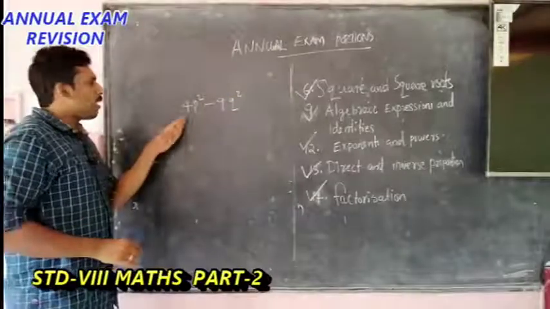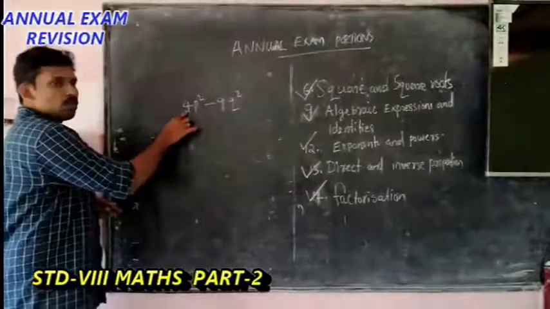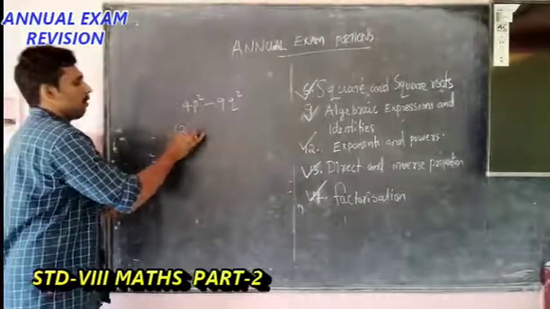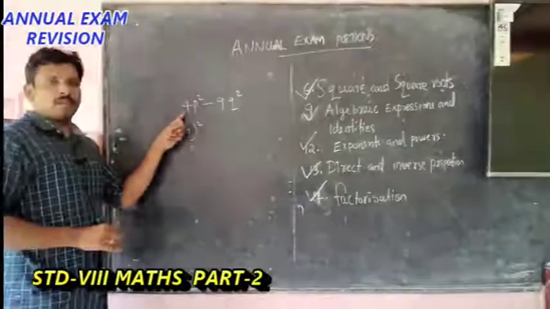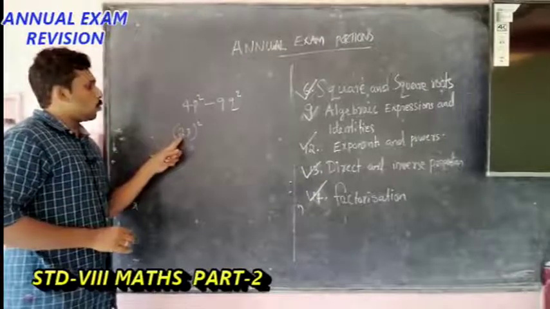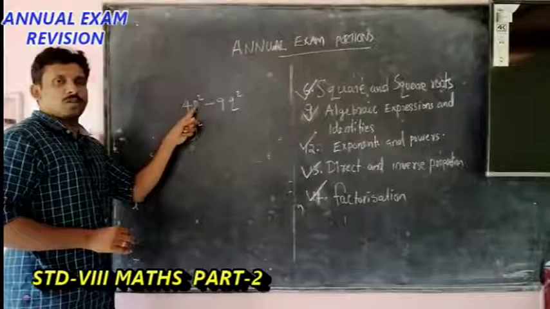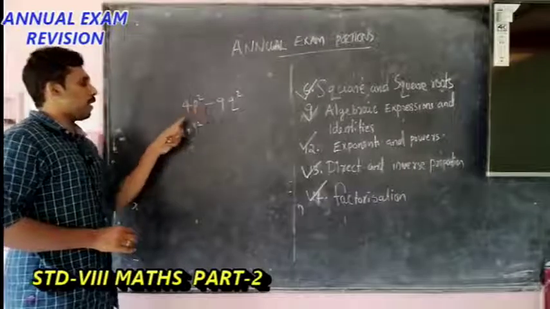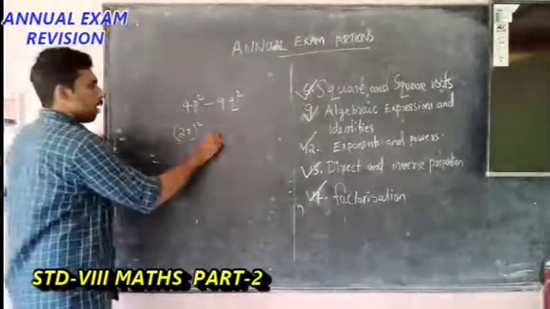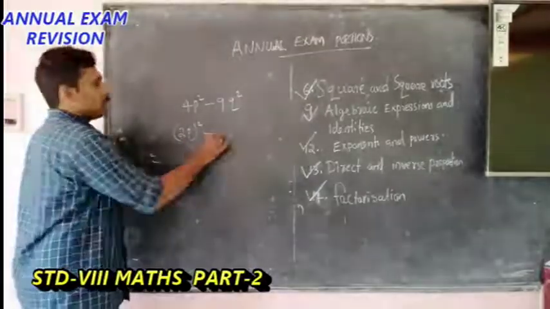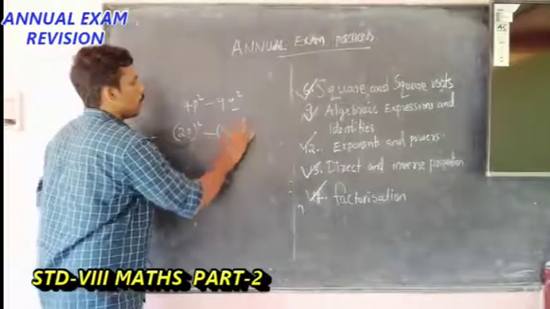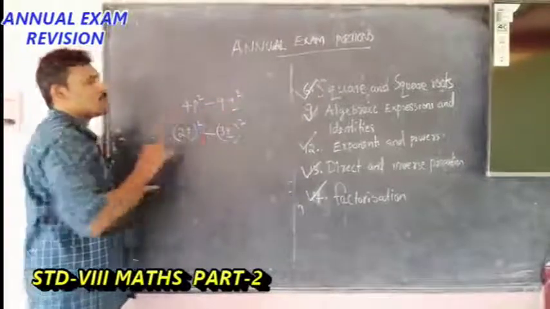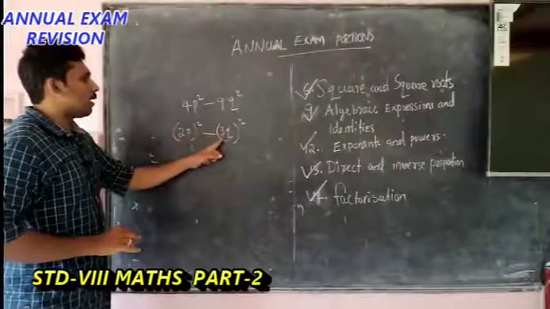Which number squared is 4? 2 square is 4, and p square is p square, so 4p square I can write as 2p whole square. Then 9q square: 3 square is 9, and q square is q square, so 9q square I can write as 3q whole square.